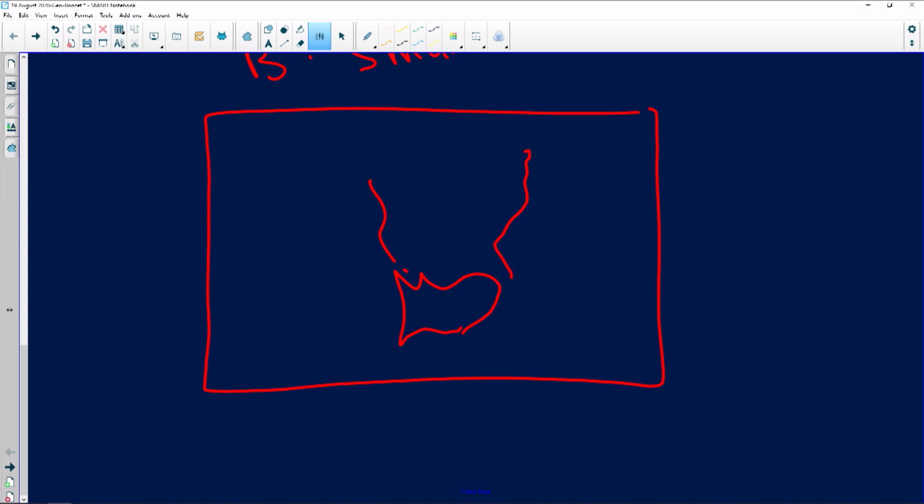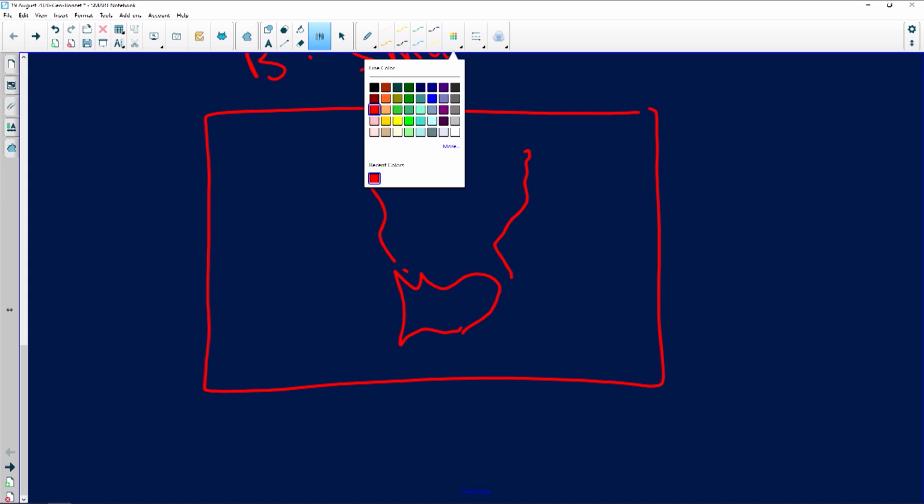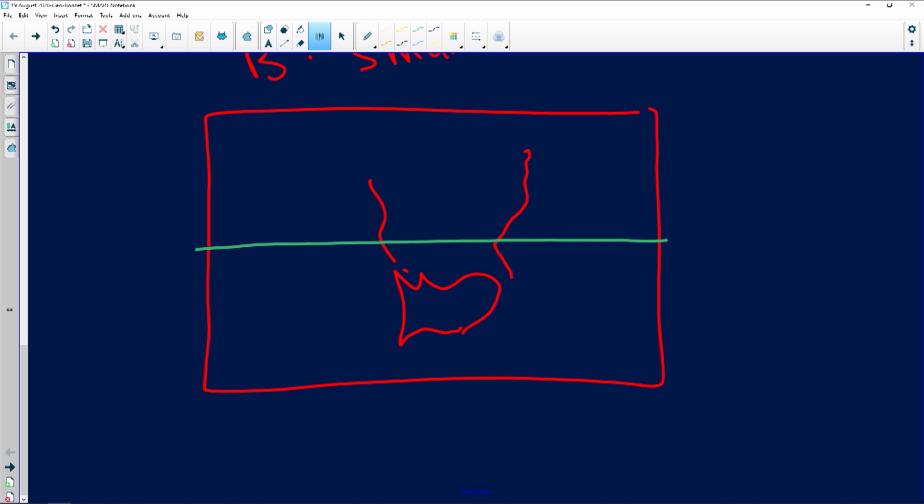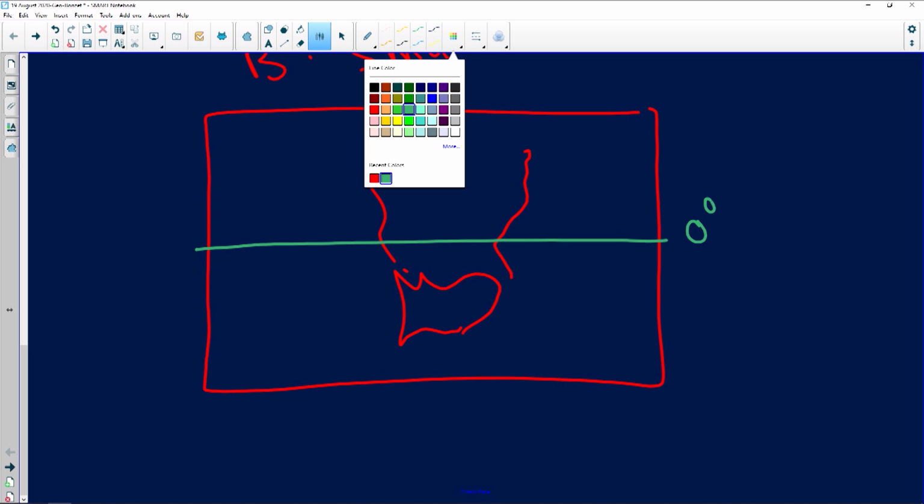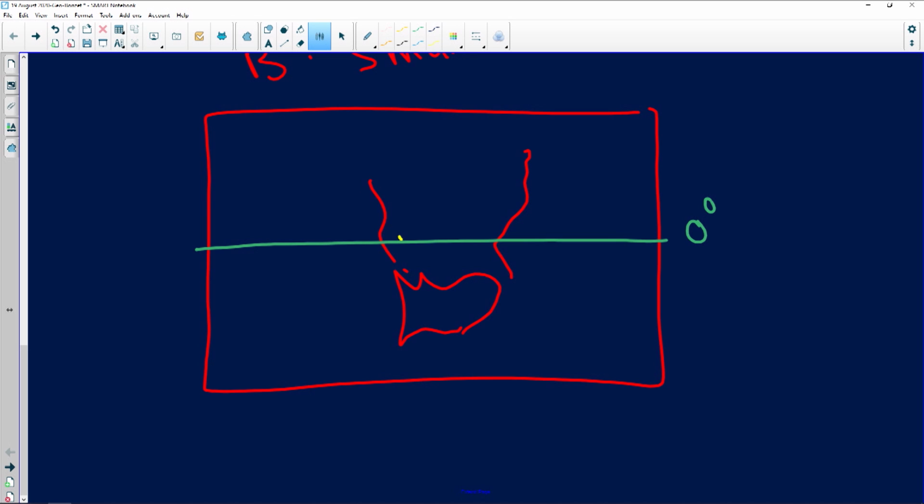First of all, what separates the northern hemisphere from the southern hemisphere? It's known as the equator. What separates the eastern hemisphere from the western hemisphere? The Greenwich.